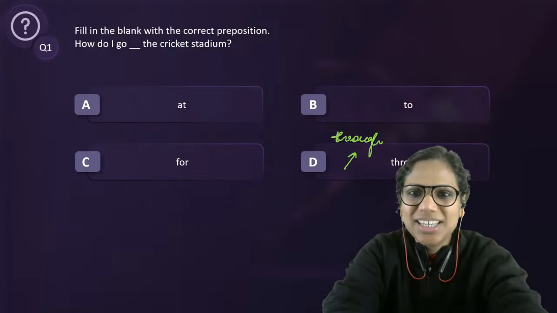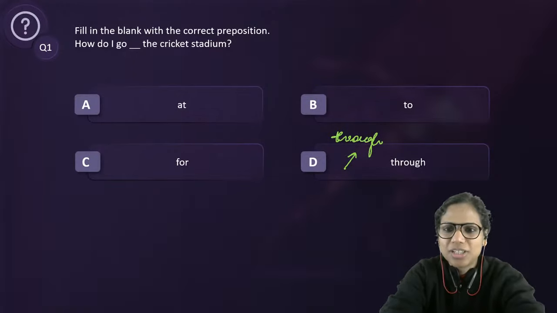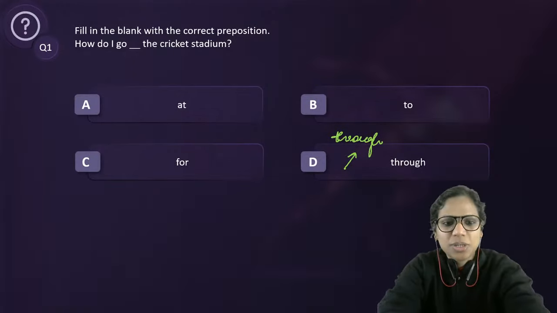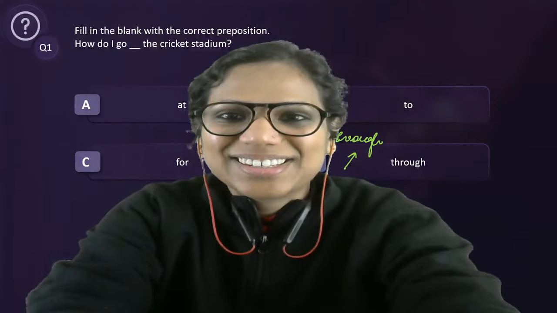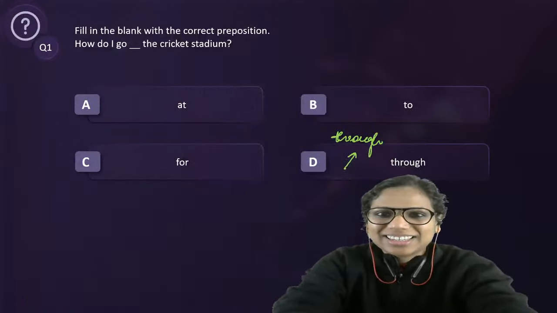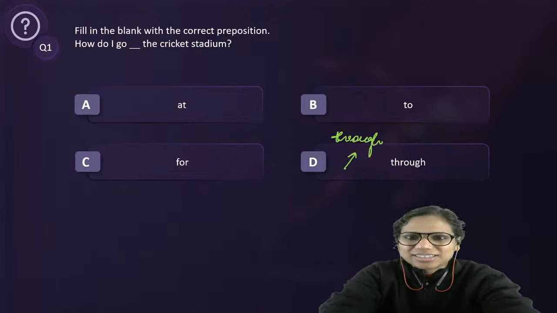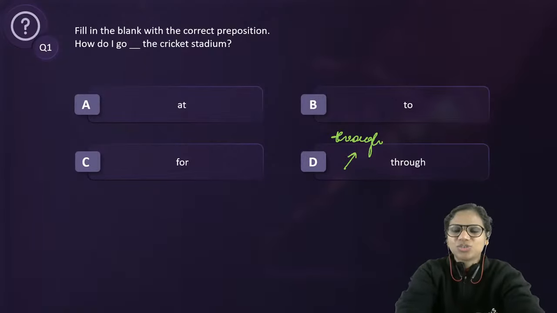It is such an easy question, and you do get asked easy questions also. So don't be under the impression that you'll always be asked difficult questions only from prepositions. Sorry, I needed to reduce the screen size. Somehow I am all over the screen. Okay, just give me a second. I think this should do.